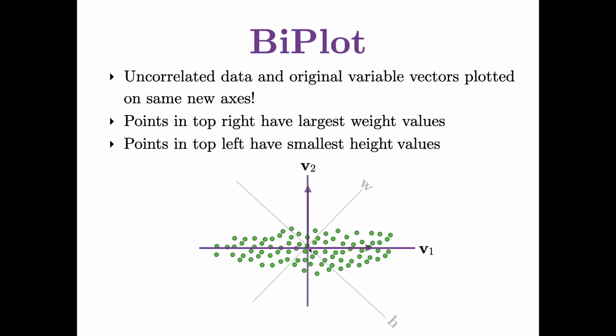And similarly, as I move further and further along this direction, the height increases. So again, think about a piece of paper moving along this direction perpendicular to it, so that these points here have the largest height and these points here have the largest weight.